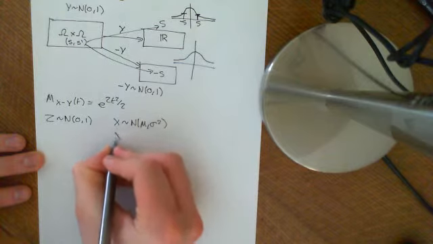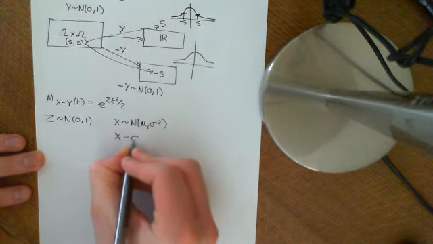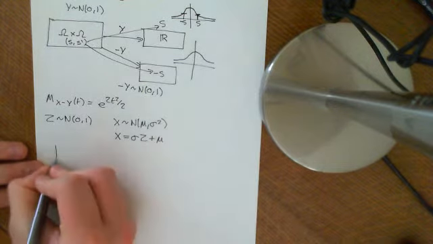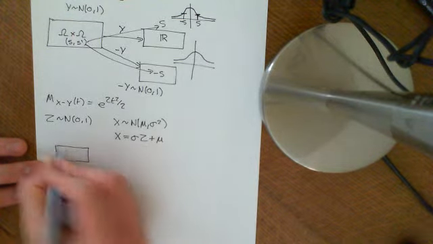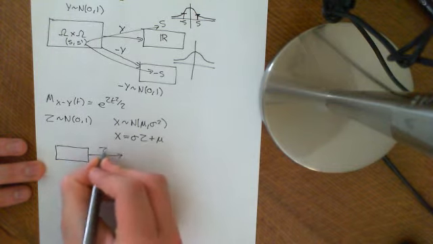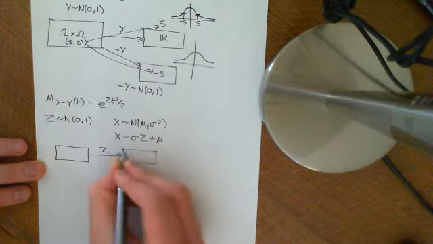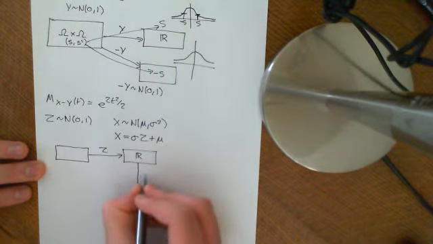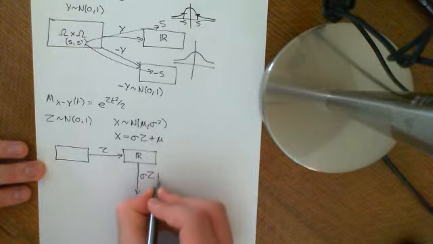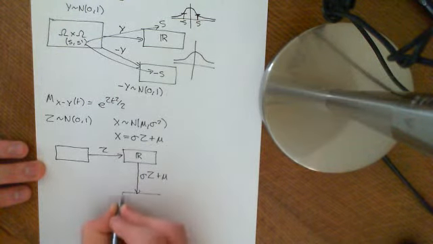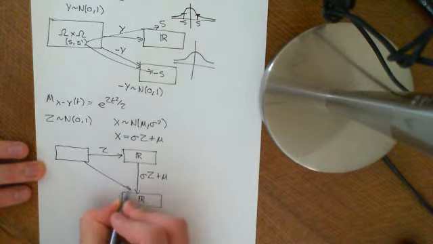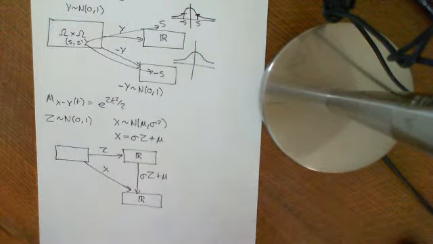Then we know that we can write X as a function of Z. If you have an abstract probability space and you can find a random variable which maps it onto the real line and is normally distributed, then you can take a function of this random variable, sigma Z plus mu, and map that again onto the real line. This new random variable, which we'll call X, will be generally normally distributed.